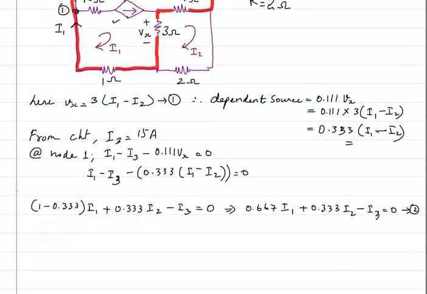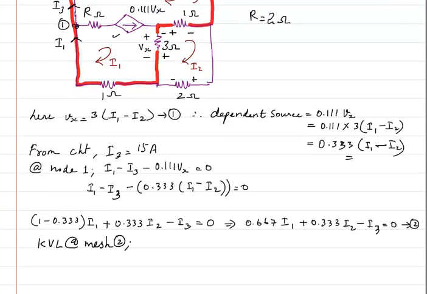So I will write KVL at mesh 2. The current is flowing like this. So this is plus minus, this is plus minus, and this is plus minus. Now I am going to straight away write. The top current is I3.